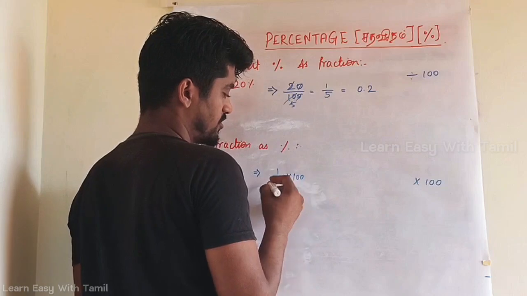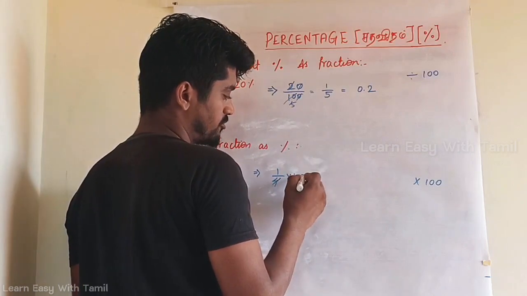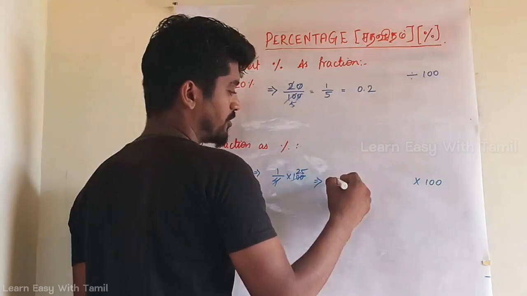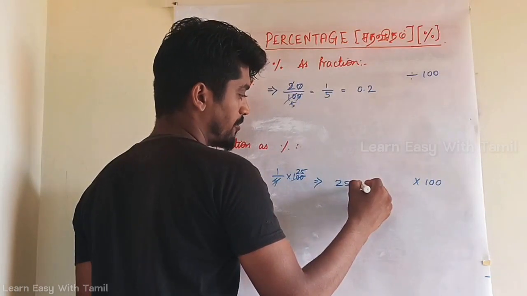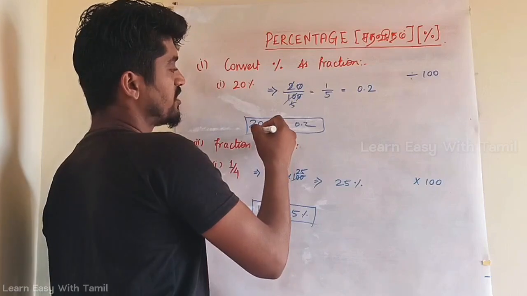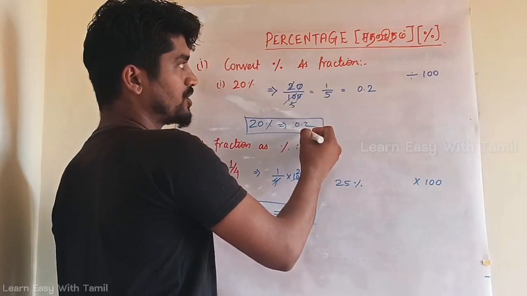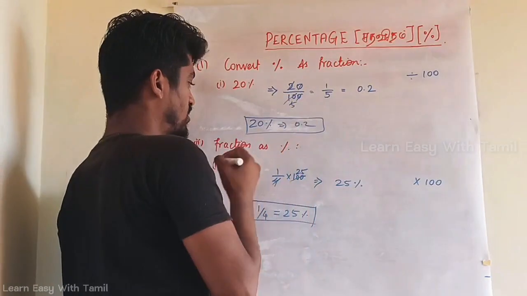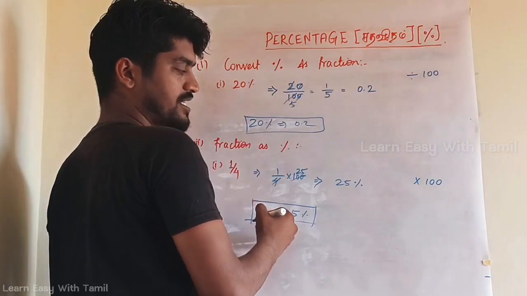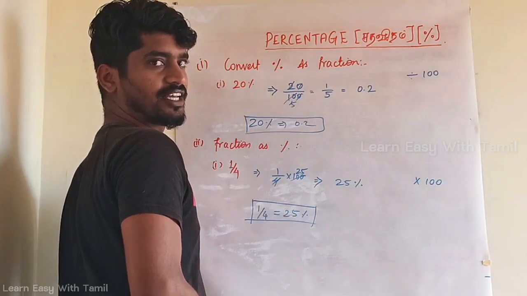Multiply with 100. You can simplify: 1 fours are 4 and 25 fours are 100. We have to write it as 25%. So 20% is right as 0.2 as a fraction. In the second method, the fraction 1 by 4 is right as 25%.